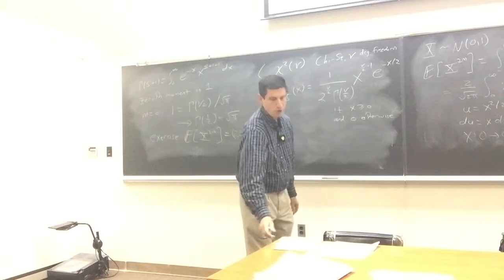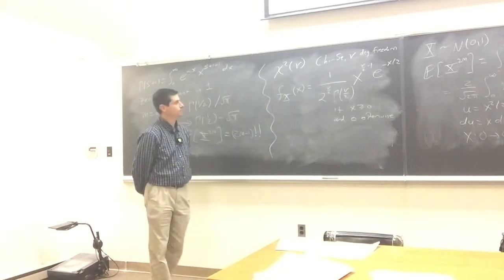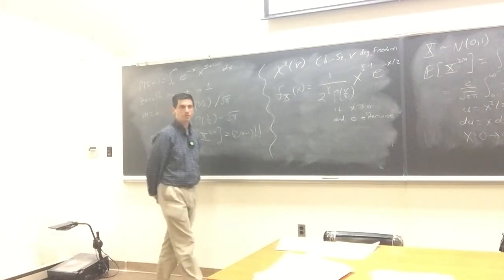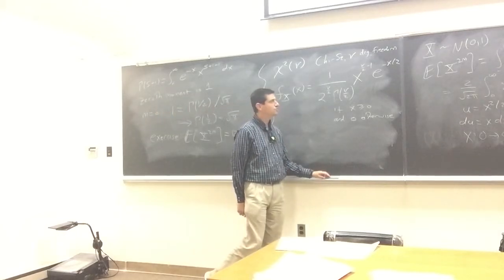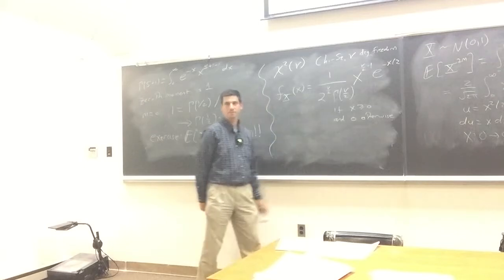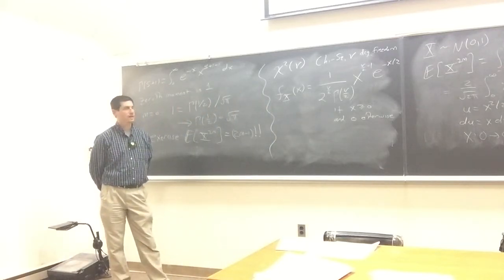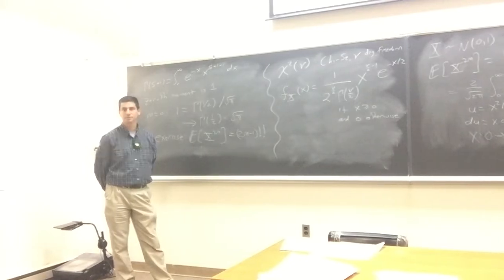Okay. So this is a chi-squared random variable. So different values of nu give you different choices. I strongly urge you to plot a couple of values of nu and see what it looks like. The question is, of course, why do we care about chi-squared random variables?